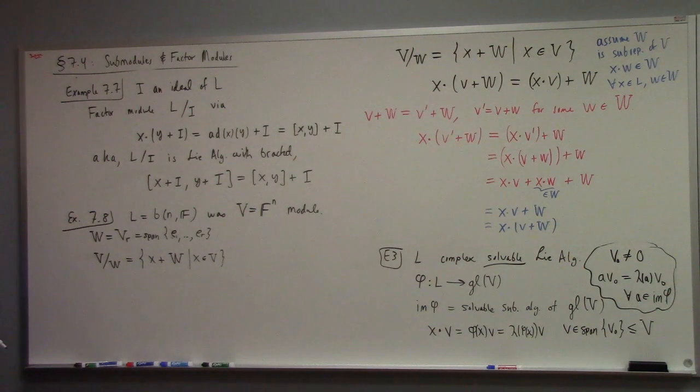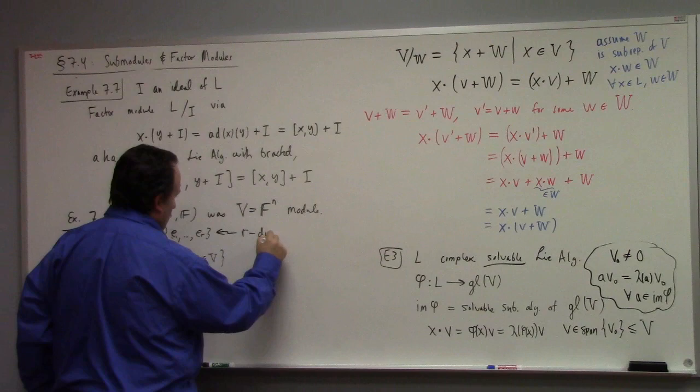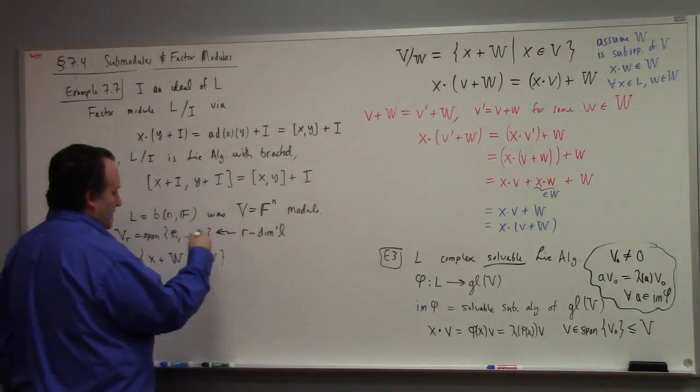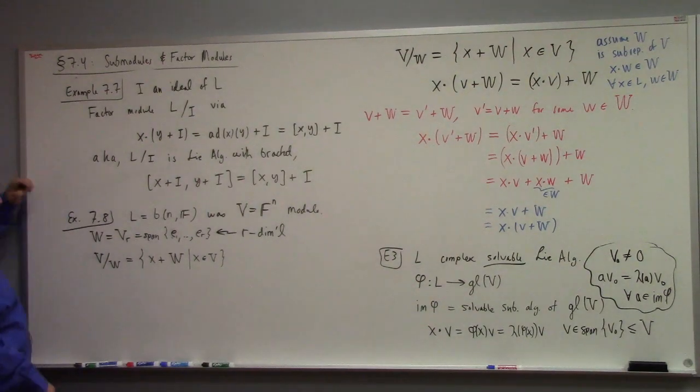Wouldn't it just be like you subtracted the dimensions? Well, W is r-dimensional, in the sense of F vector spaces.